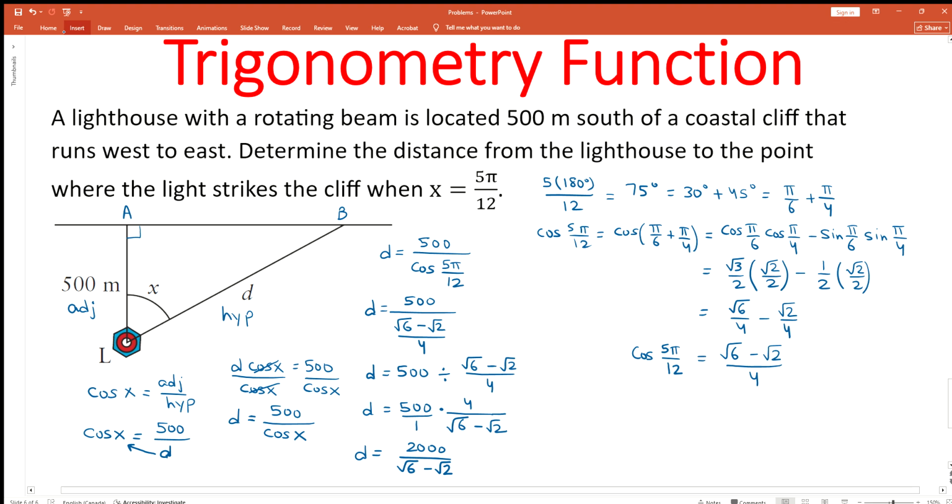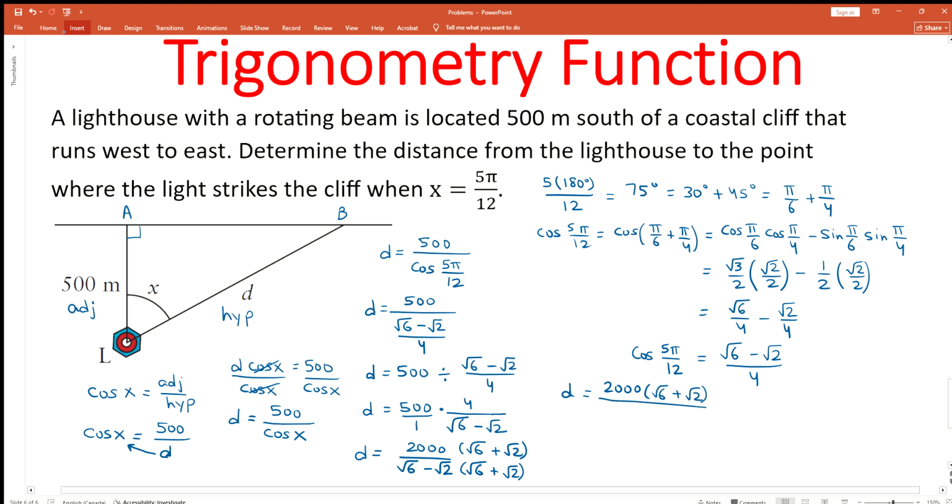So we should multiply the numerator by square root 6 plus square root 2 and the denominator also by square root of 6 plus square root of 2. So I get d equals 2000 times square root of 6 plus square root of 2 over.